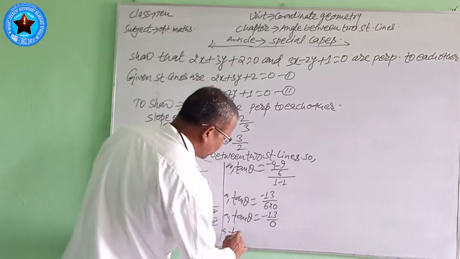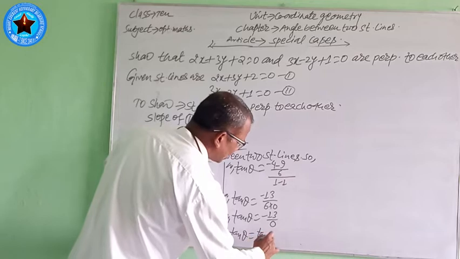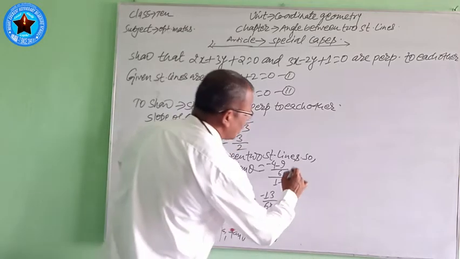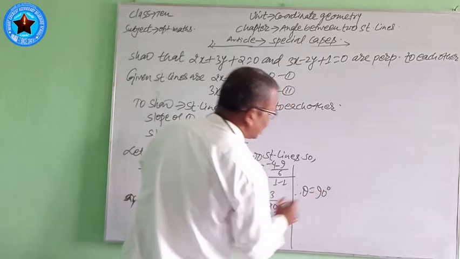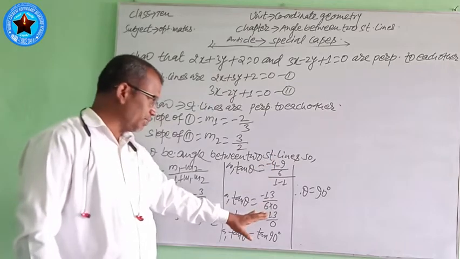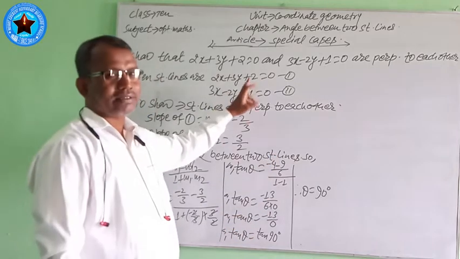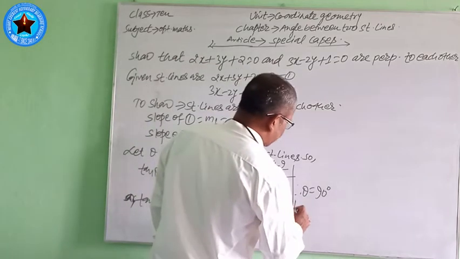When tan theta is undefined, it means the value of tan 90 degree. Therefore theta equals 90 degree. Since the angle between these two straight lines is 90 degree, we can say that these two straight lines are perpendicular to each other.